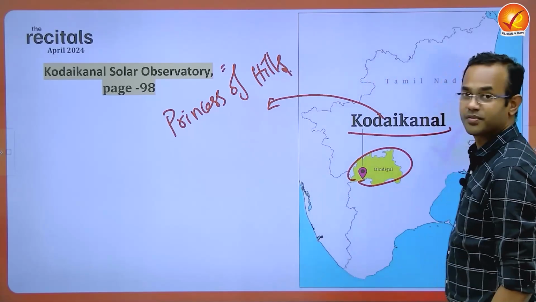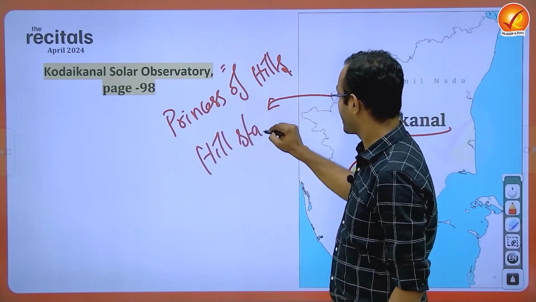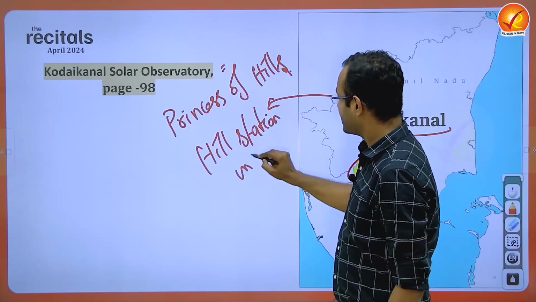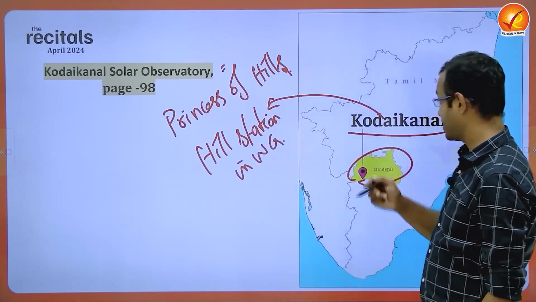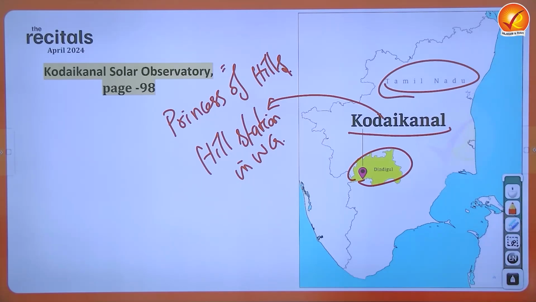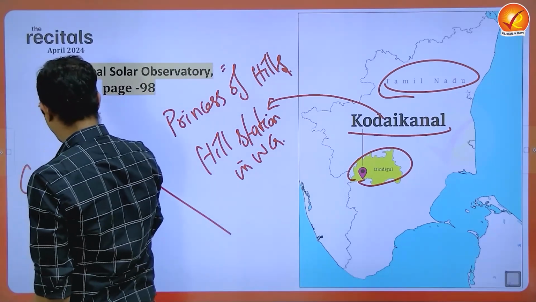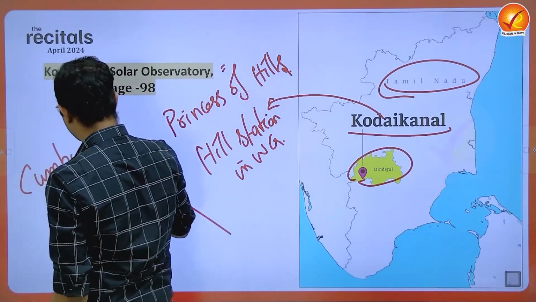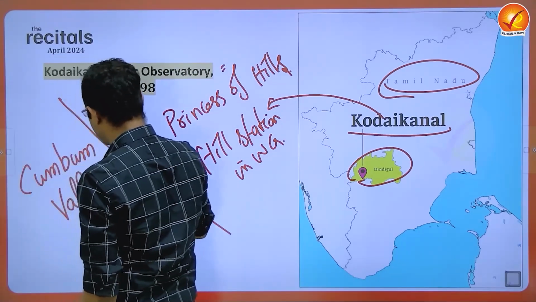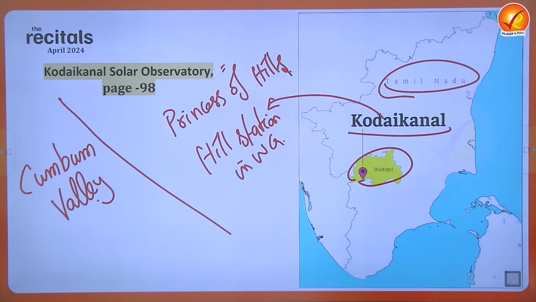It's a hill station in Western Ghats in Tamil Nadu. Kambam Valley is present in the Kodaikanal region.